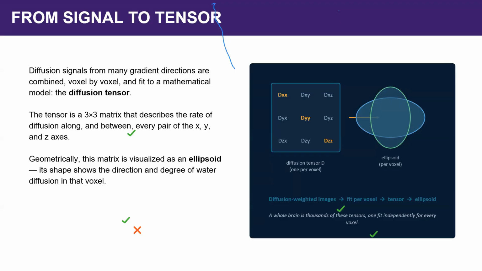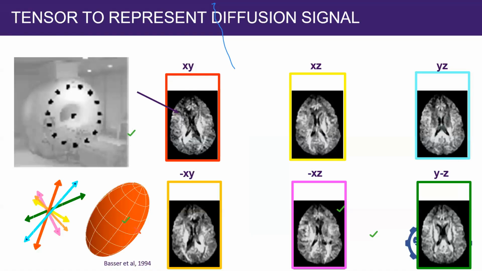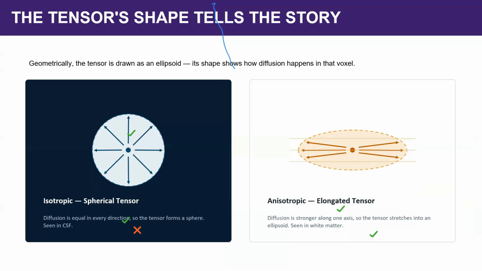And later you have this representation. For example, if you have one tract that is straight, it has an ellipsoid form. This is what I would like to talk about, because you will have this tensor, like an ellipsoid, and you can measure in different directions of the brain with the gradients. And the tensor is the same information.